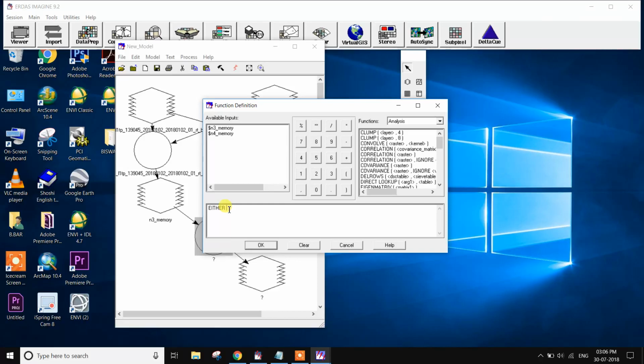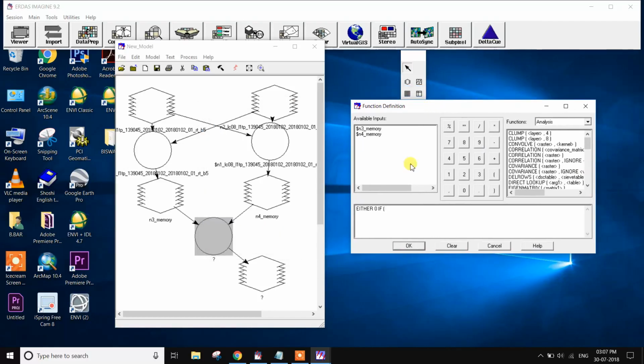Either 0 if near infrared plus red, here memory 4, equals 0.0, or the NDVI formula: near infrared minus red divided by near infrared plus red.